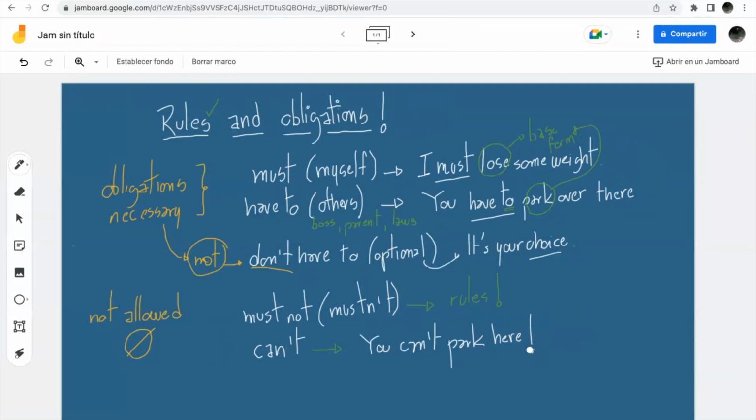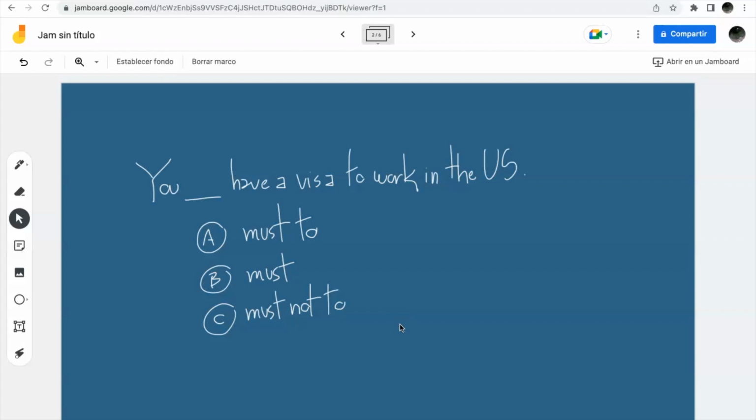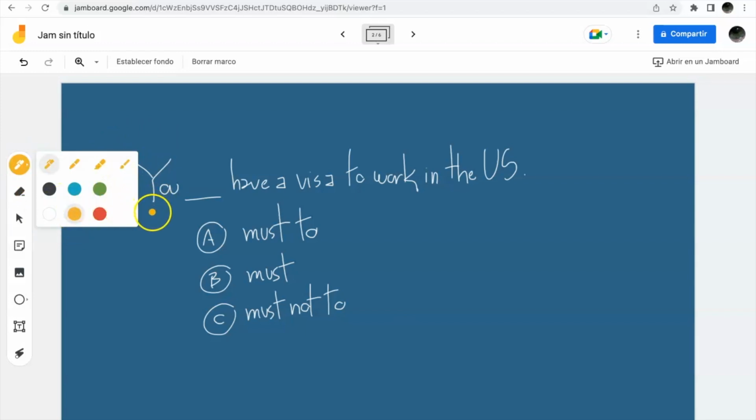And now, why don't we review everything with some exercises? Well, right here I have for you, say, 4 or 5 examples from a test. Okay, so super simple. Let's read the question, and then decide which one of these alternatives goes there, right?